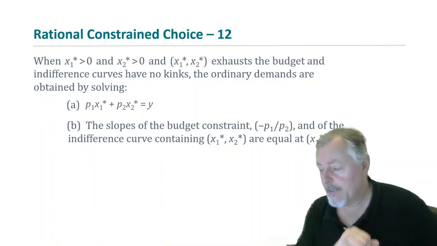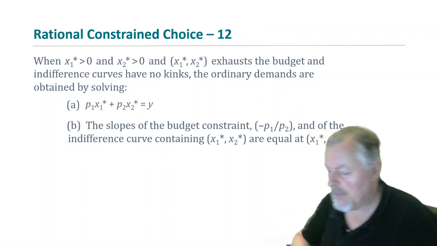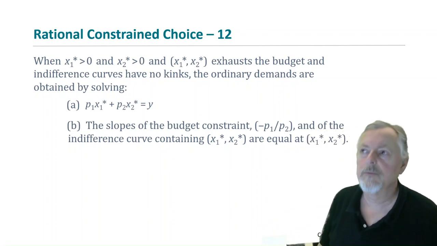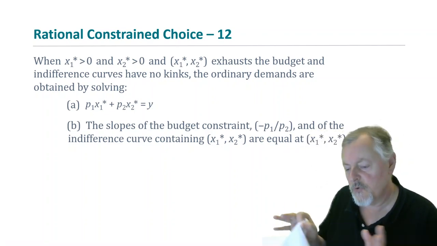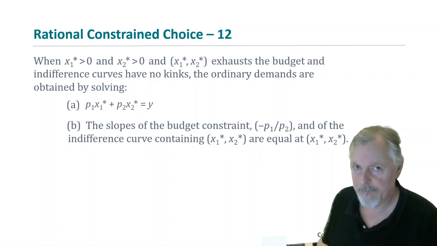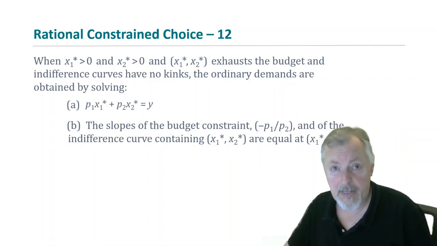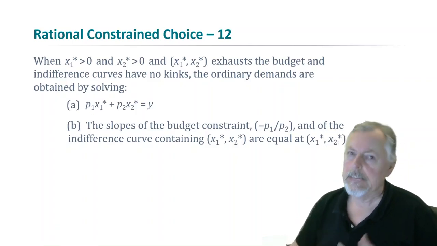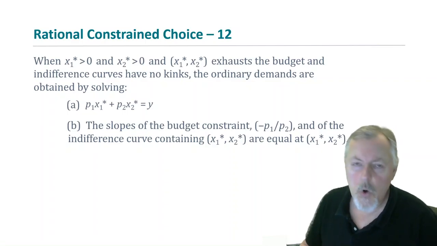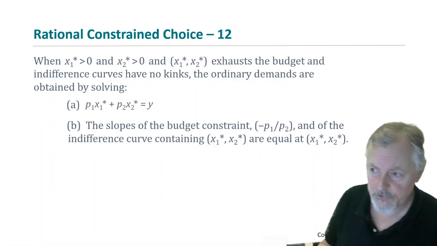Now, remember, up front, I said that this only works if we constrain the person's choices a little bit. Their preferences have to be well behaved, and they have to consume non-zero quantities of both x1 and x2.